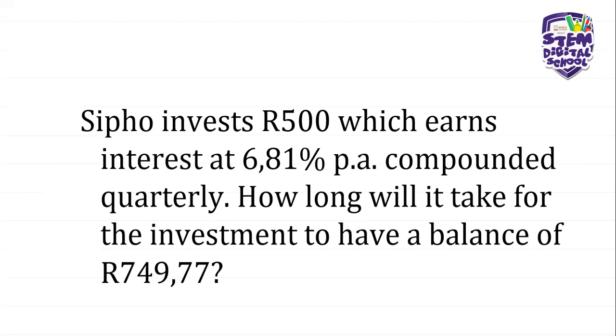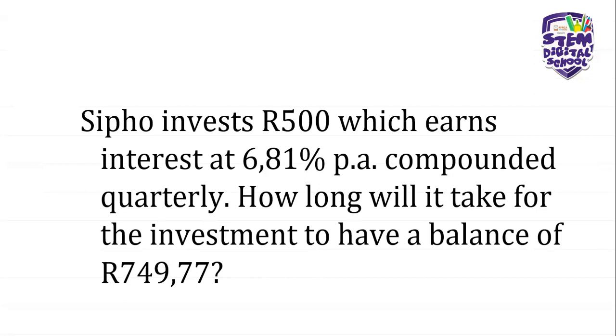Right. Let's start with identifying the different given information here. The first one, of course, is 500 rands. And what does this mean? This means that when Sipho went into the bank to make an investment, the principal amount, which is known as the principal amount, this is the value of P. This is also known as the original amount, which is invested.